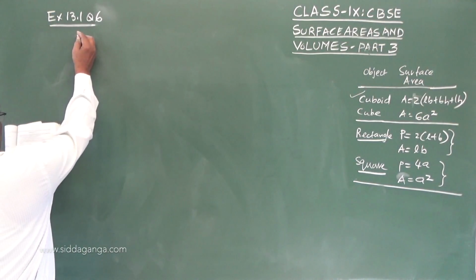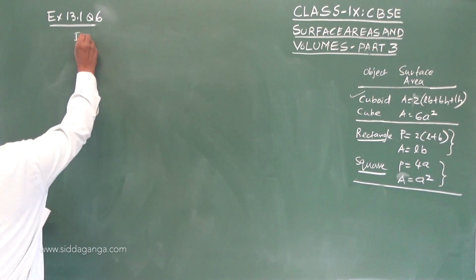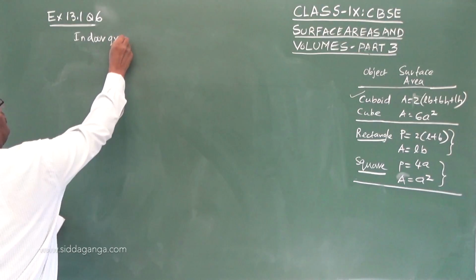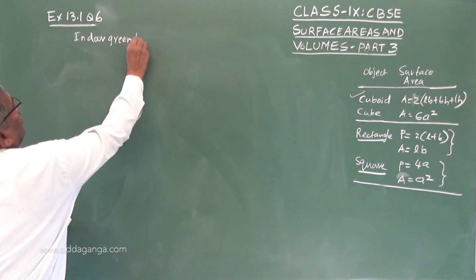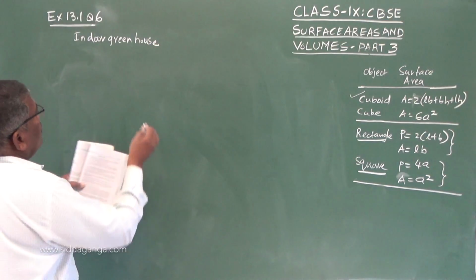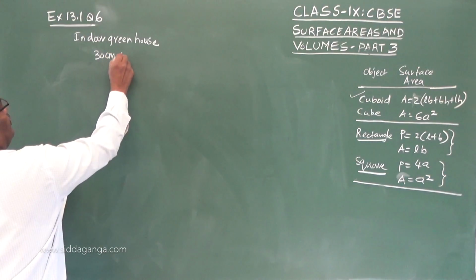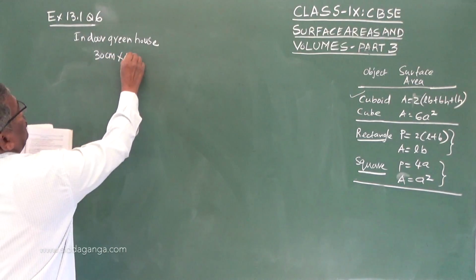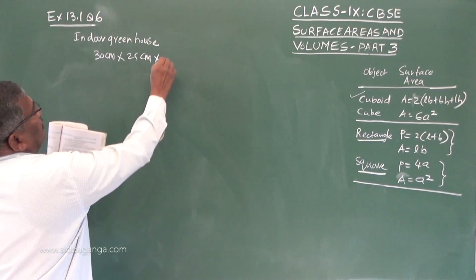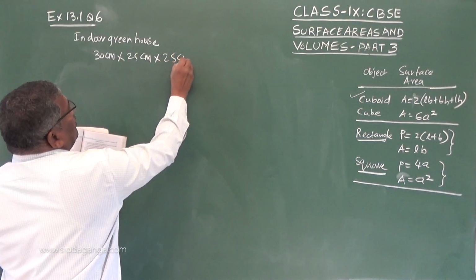So the indoor greenhouse is 30 centimeter into 25 centimeter into 25 centimeter.